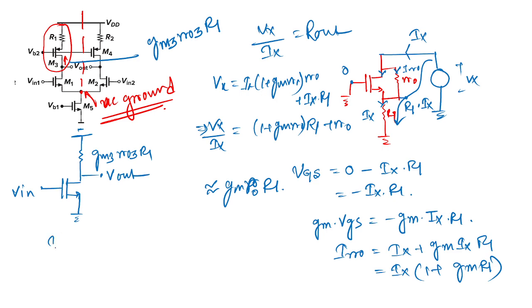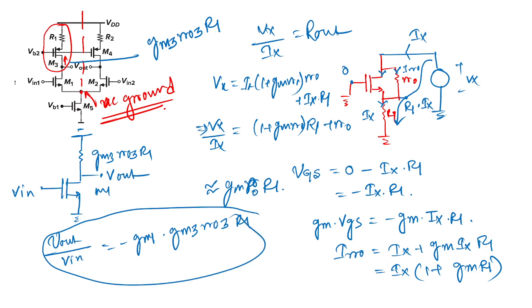So now the overall differential gain of the circuit will be minus Gm1 times Gm3 RO3 R1. In this way you can easily write the voltage gain, or differential voltage gain, of this type of differential amplifier.